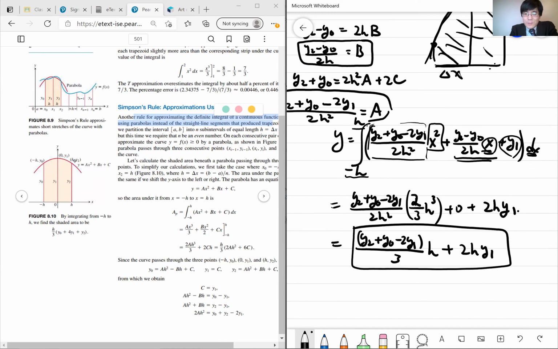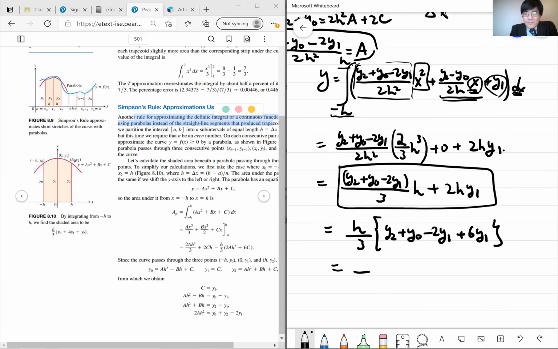Let's put h out, and I hate the 3 here, so let's put 3 out as well. When you factor out these two, it's going to be y2 plus y0 minus 2y1 plus 6y1. Is that correct? So it becomes h over 3 times y0 plus 4y1 plus y2. Getting simple, right? So that's the area under the parabola in these two subintervals.